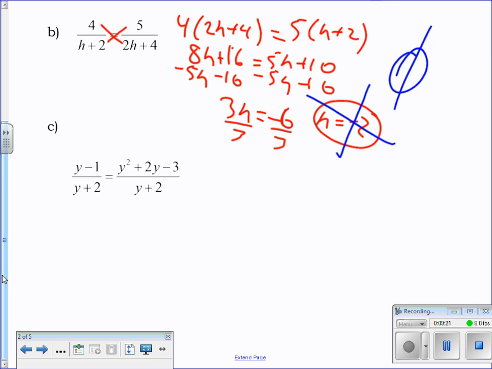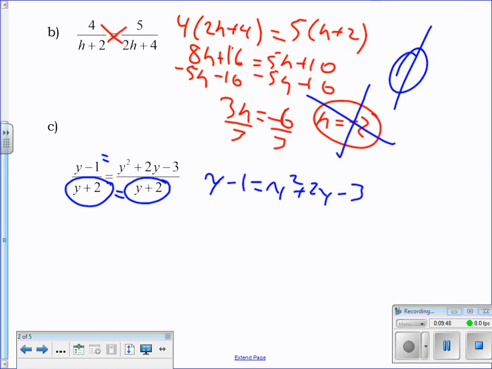Which means I can just say, hey, y minus 1 equals y squared plus 2y minus 3. This is unique only because these two denominators are the same. If those two are equal, the numerators have to be equal.